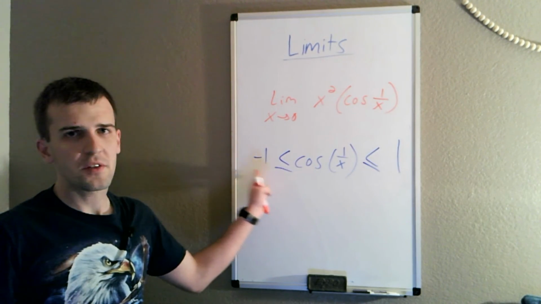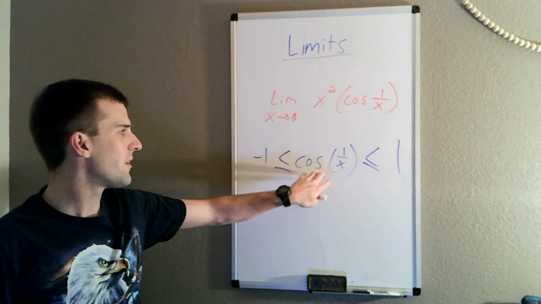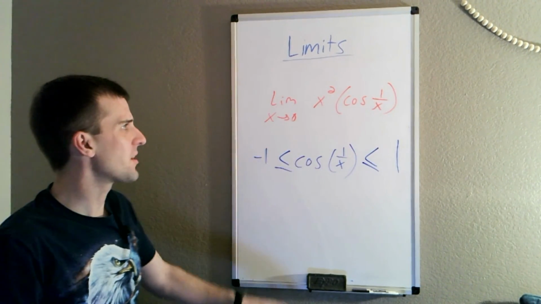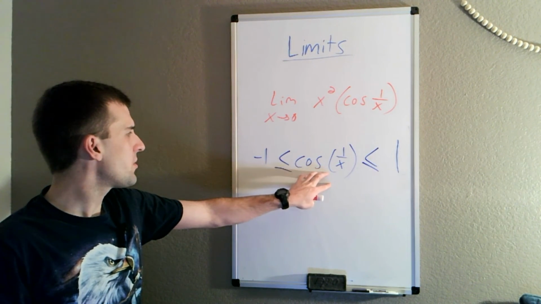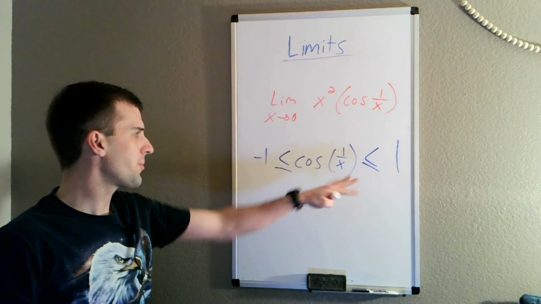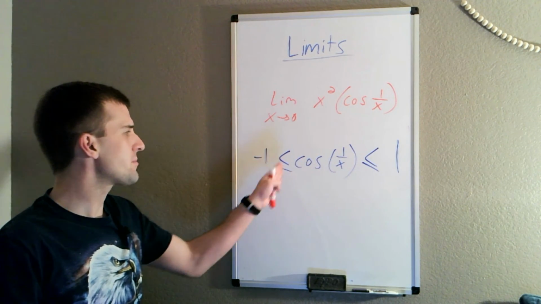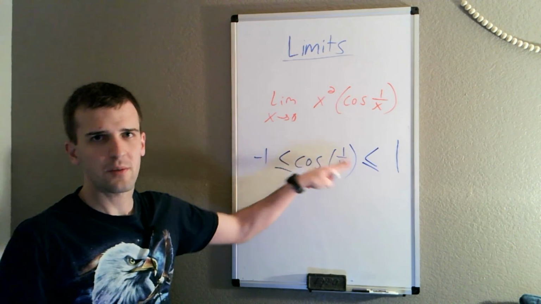So we set up an inequality just starting with the term of interest here, cosine of 1 over x, the confusing one. And now, because we have an inequality, we can multiply each piece by something as long as every single piece is multiplied by it.